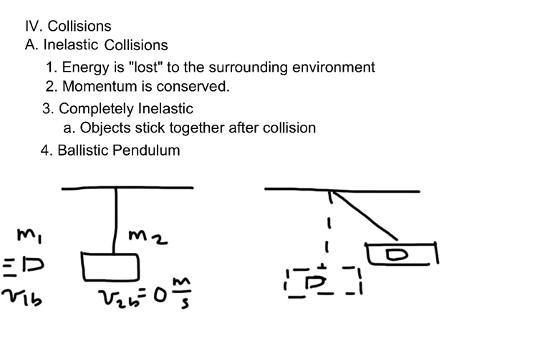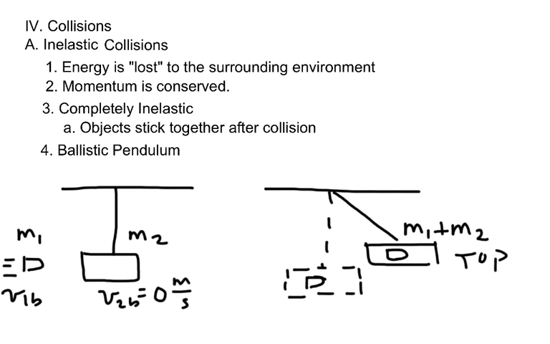The bullet then, when it collides with the hanging mass, becomes embedded within the hanging mass, and the hanging mass and the bullet move together, swing upward towards the top of a swing together. As the bullet and the mass system are together, the total mass then will be the m1 plus m2.